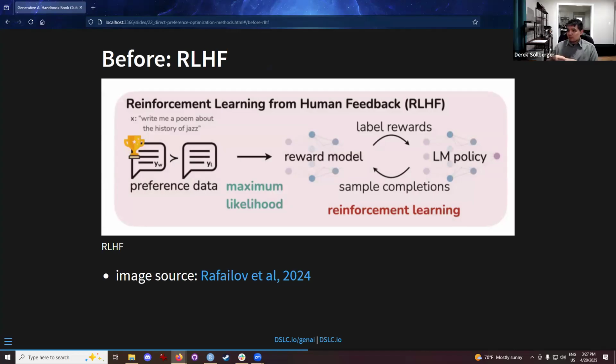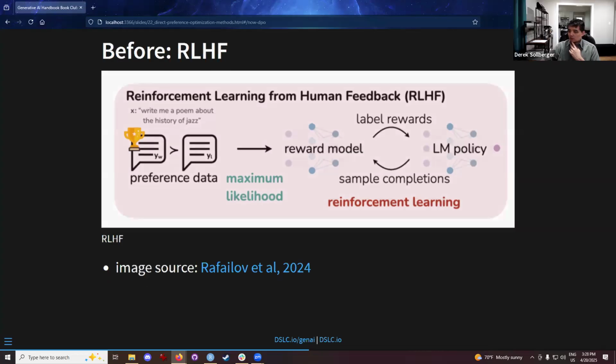So before, when we were thinking about RLHF, reinforcement learning with human feedback, we have our preference data going into a reward model, and then making the policy for the language model, going through some of the reinforcement learning.